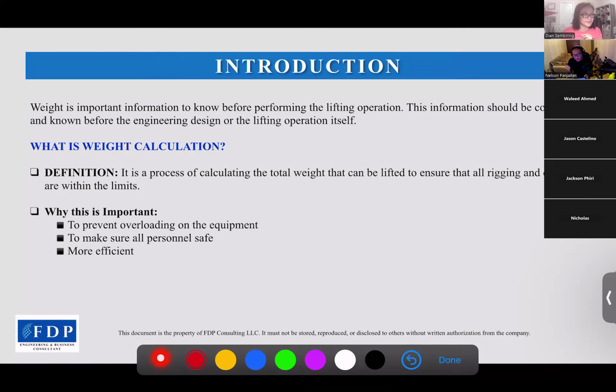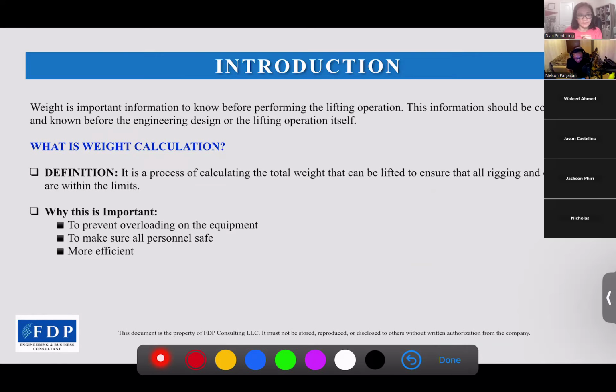First is weight, second is COG, and the third is dimension. The first main thing is weight. This information should be collected and known before the engineering design or the lifting operation itself.